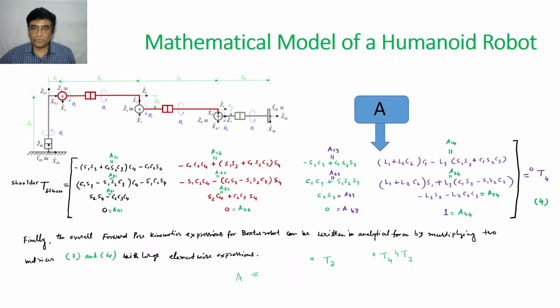So what you are trying to do here is, this is a 4 cross 4 matrix, this is a 4 cross 4 matrix. Okay, so you just do this and you will get another matrix, in this case this. Okay, and this will be another 4 cross 4 matrix, and your work will be done.